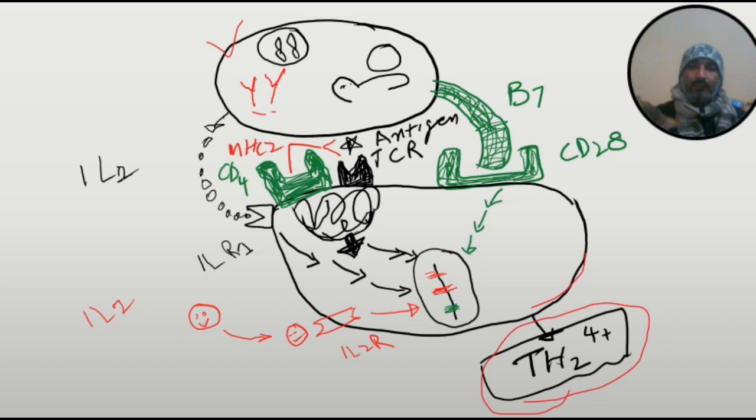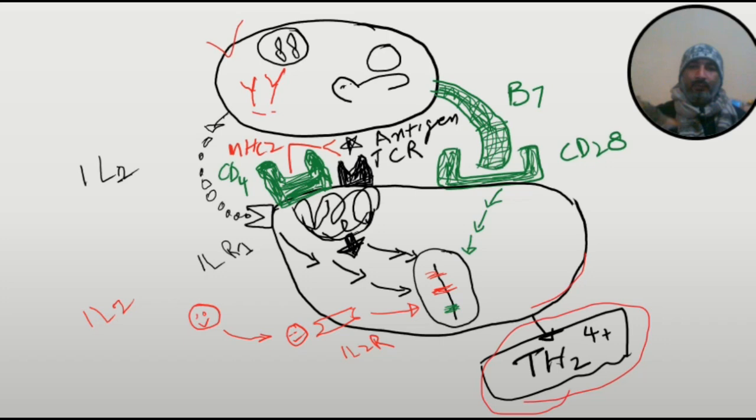So this is one part of the story here. The second is that after this binding, B7 protein from the macrophage will bind to the CD28 receptor of the T helper cell, and it also gives a signal to the nucleus.